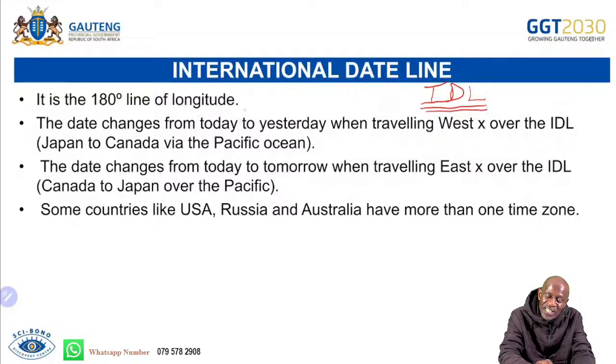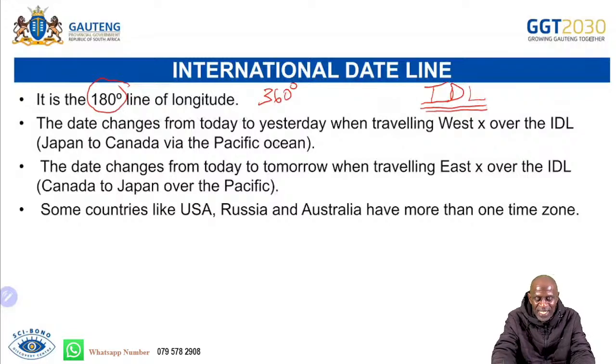Remember, to complete a revolution or a complete cycle, you need 360 degrees. So the line halfway, as you move with longitudes, is referred to as the IDL. If you multiply 180 by 2, you'll get 360. So this indicates that it's the halfway mark, and then you get this line of longitude. So from 0 to 180, you'll come across the international date line.